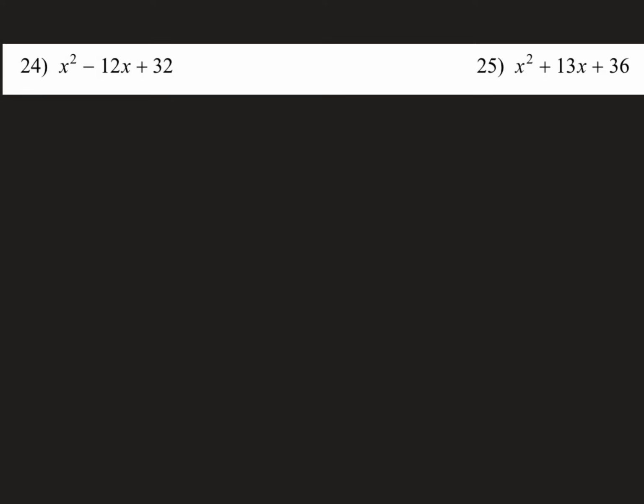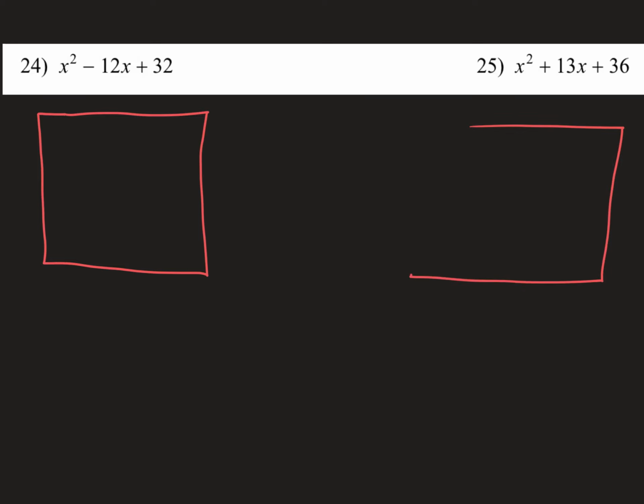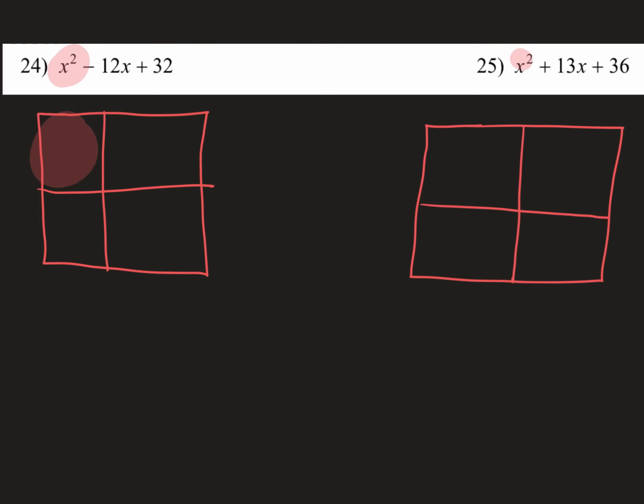Okay, so draw 2 boxes, 2 area models. And I'll just remind you, in the first box is that first variable.